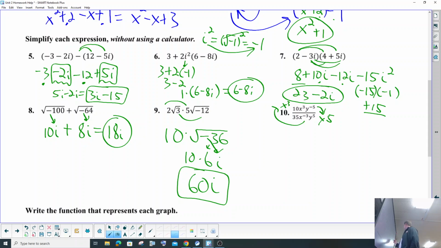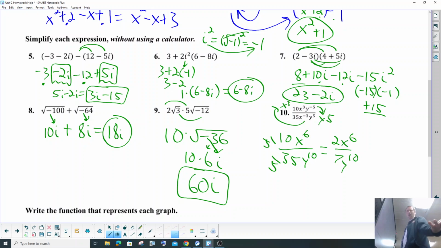And you can add the powers. So you get 10x to the 6th power divided by 35y to the 10th power, divided by 5 divided by 5. So we get 2x to the 6th divided by 7y to the 10th power.